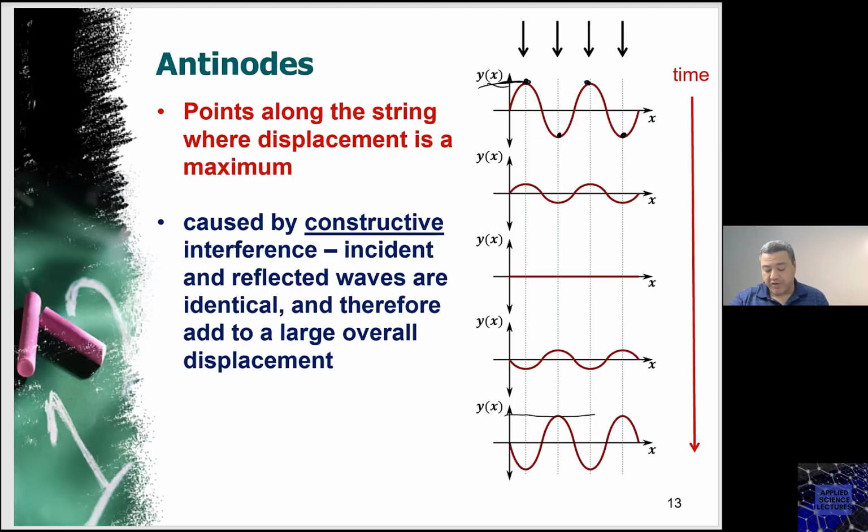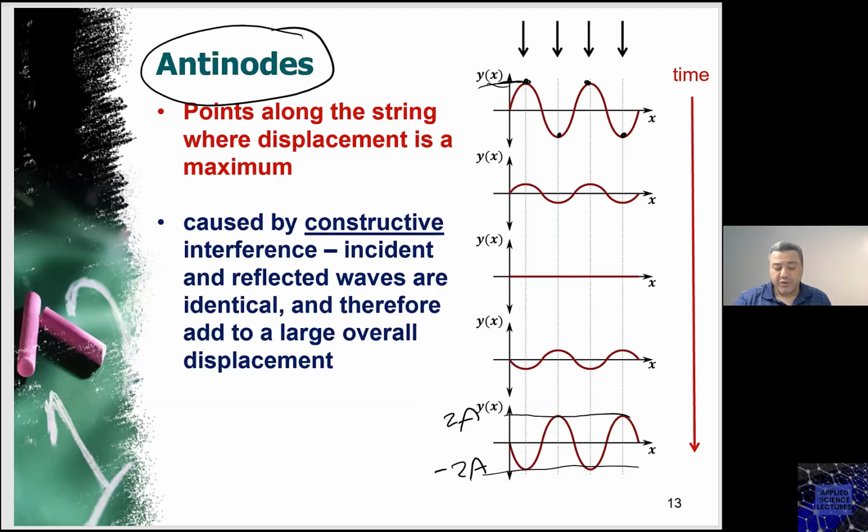However, they reach twice the amplitude. And those points, we call them antinodes. Those points are caused by the constructive interference. They always reach the maximum at one point in time. The one that is responsible for this motion is the time function, the cosine ωt. The one that is responsible for the location is the sine kx.